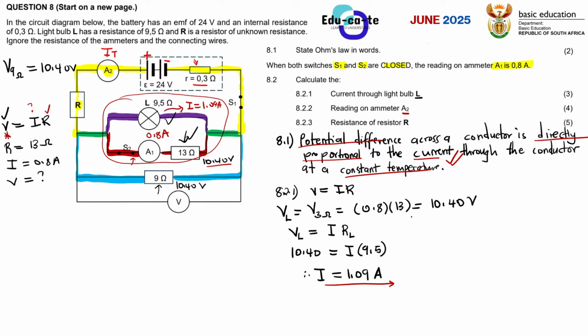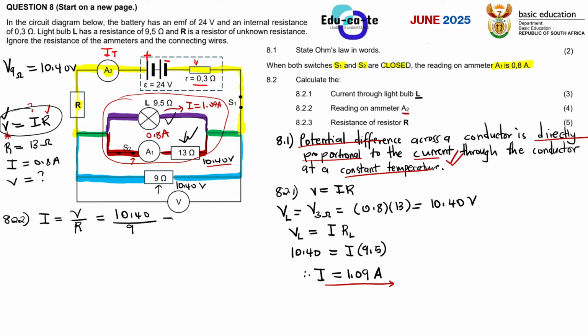So if we just use Ohm's law in that case, 8.2.2, we're just going to say that the current will be equal to the voltage over the resistance. This is just coming from the formula V equals IR, of course. So the current here will be equal to the voltage, which we know is 10.40 volts, over the resistance, which is 9 ohms.